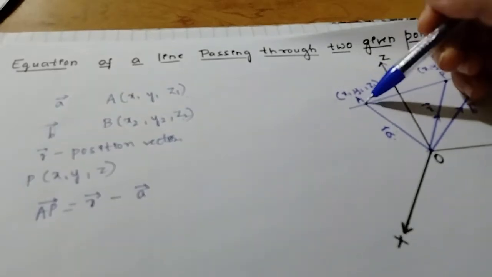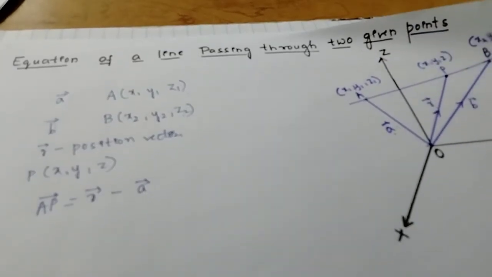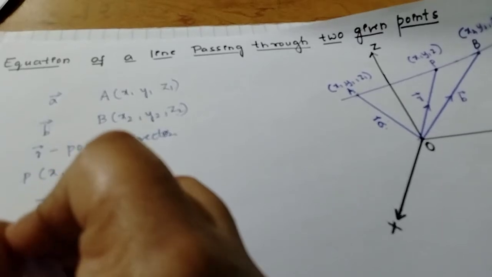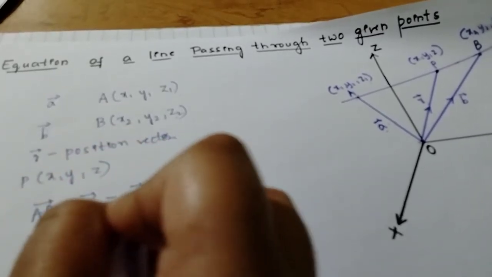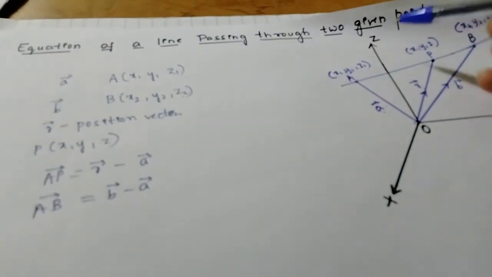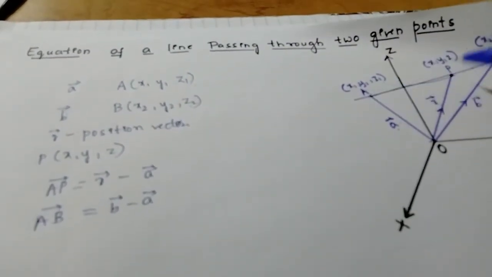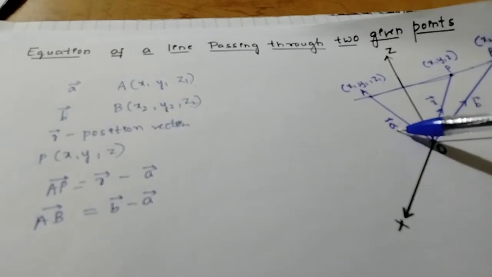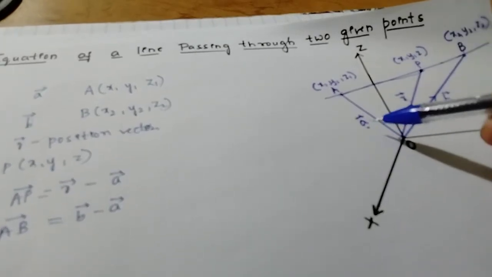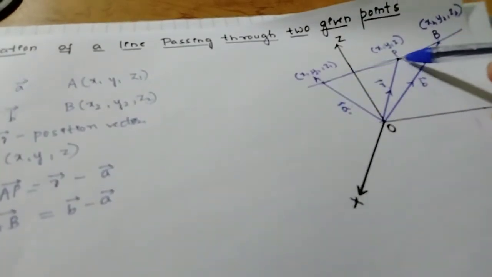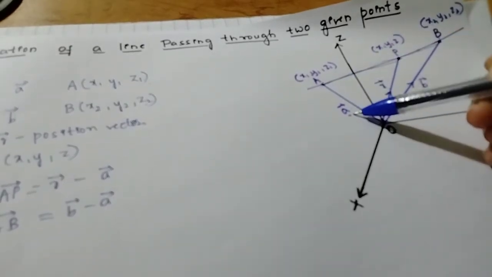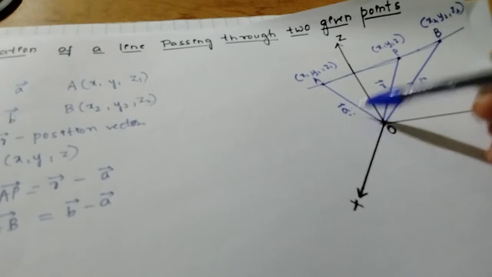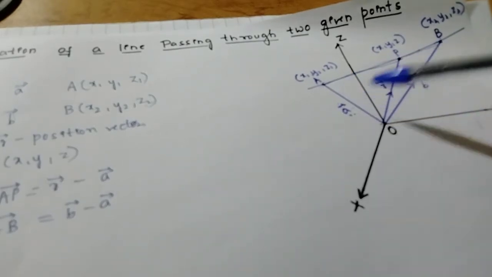Then from A to B, AB will be equal to B minus A. So I have written AP equal to position vector R minus position vector A. Then the line AB, from A to B, will be vector B minus vector A. So these two are collinear vectors.